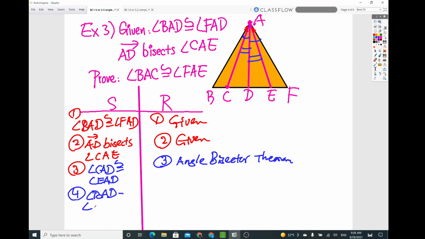minus angle CAD, and you'll end up with the exact same thing as angle FAD minus angle EAD.